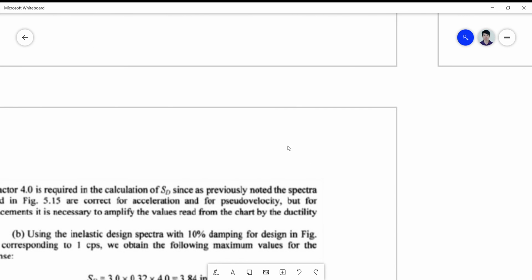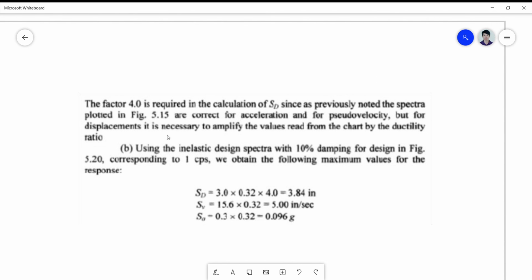So for letter B, we use the figure 5.20 corresponding to 1 CPS, we obtain the following maximum values for the response, and the scale factor for G is 0.32.